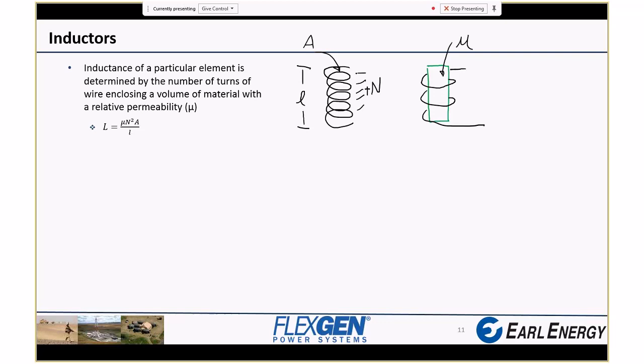So an air core inductor like this has a relative permeability of 1. The permeability of free space is like 4 pi times 10 to the minus something. Iron and steel have relative permeabilities of like 100 to thousands. Some of the core materials we use in the lab are like 10 to 20 relative permeability.